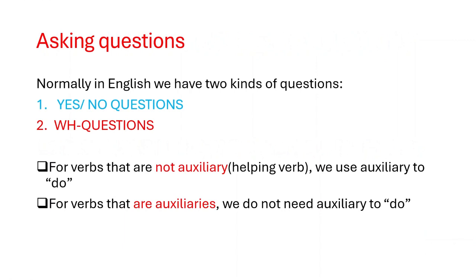We use auxiliary to do when they are not helping verbs. For the verbs that are auxiliaries, we do not need auxiliary to do. It is because they are auxiliary in their natures. They do not need another auxiliary. Great.